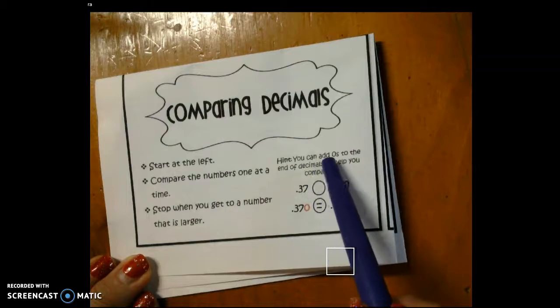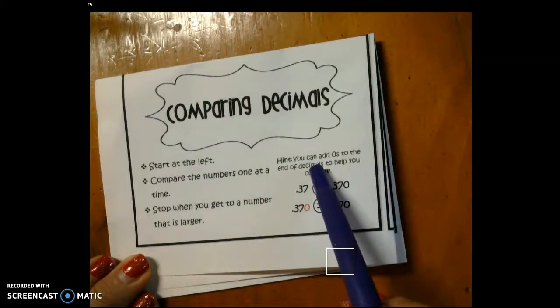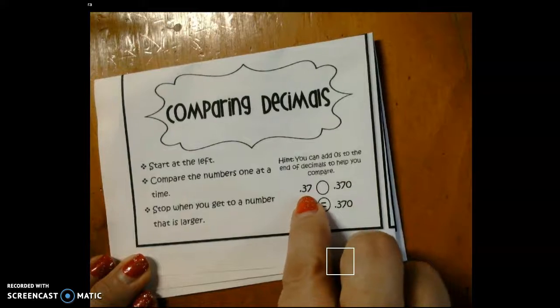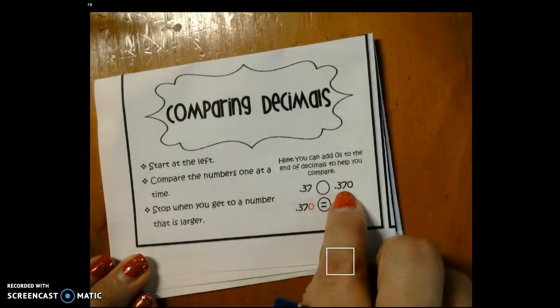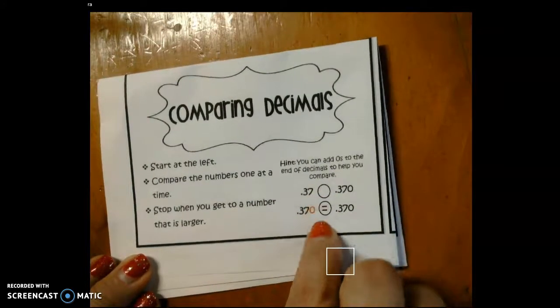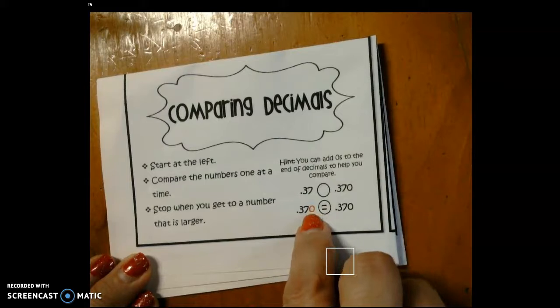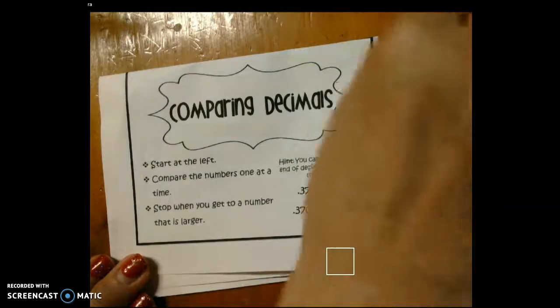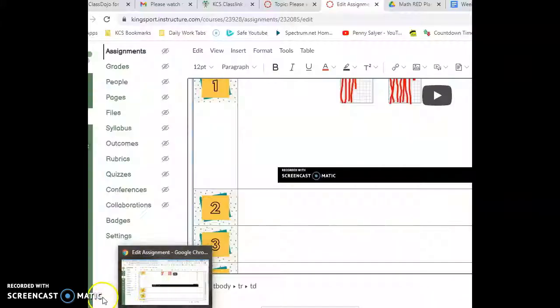Hint, as I told you, you can add zeros to the ends of decimals to help you compare. So if I were comparing 37 hundredths and 370 thousandths, I would put my zero in right here, and then I could tell by looking at them that they were equal. So that's just another add-on to what Mr. Foster has already told you about some strategies for comparing decimals.